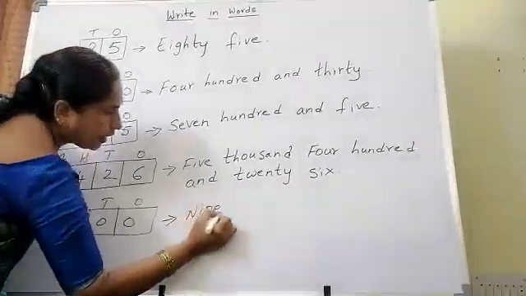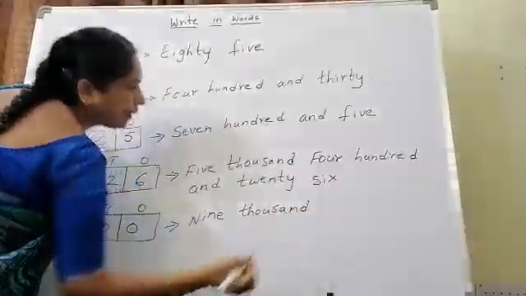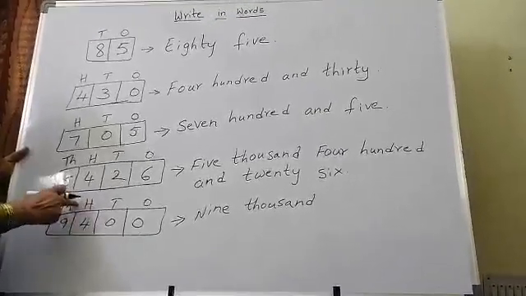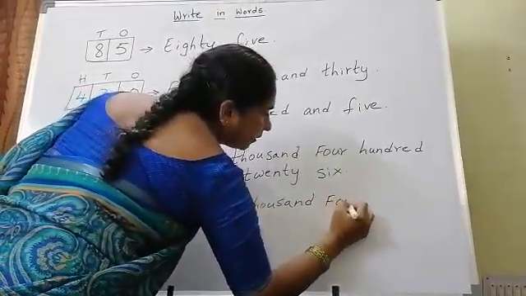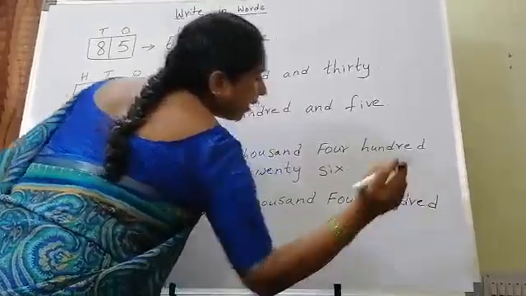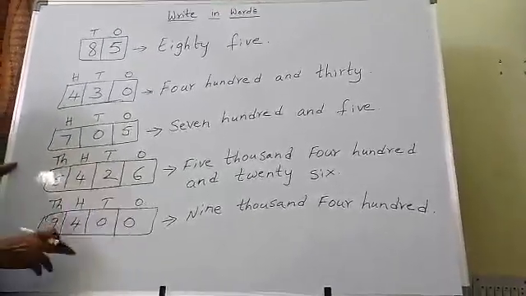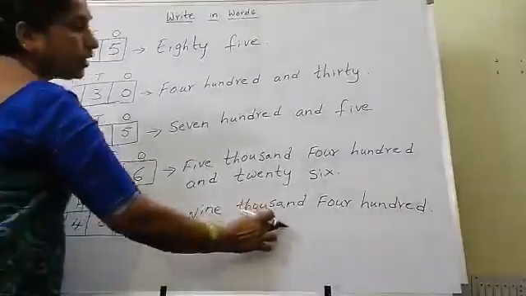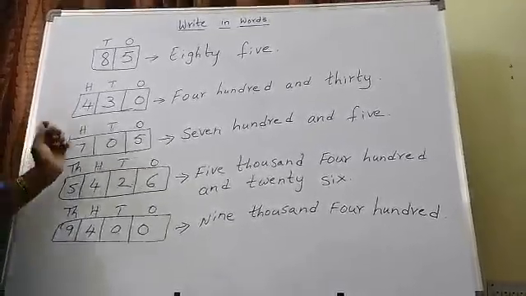N-I-N-E, 9, T-H-O-U-S-A-N-D, 1000, 9,000. After 9,000, 4 is in which place? Hundreds place, 400. F-O-U-R, H-U-N-D-R-E-D, 100, 400. And the two 0s are there, so zeros don't have any value. So 9,400. With this we have completed writing words.